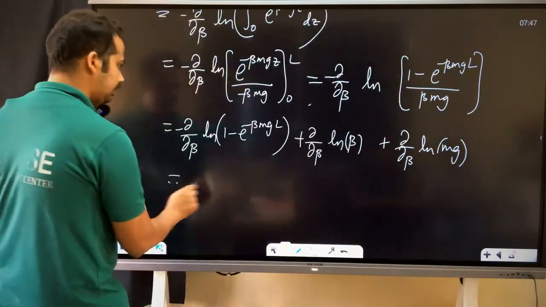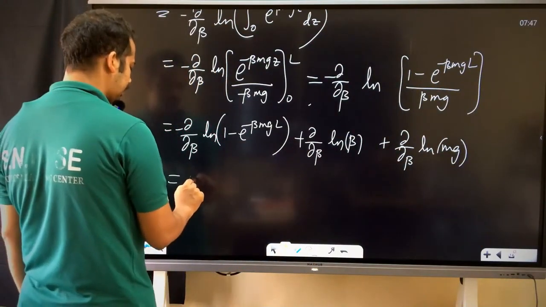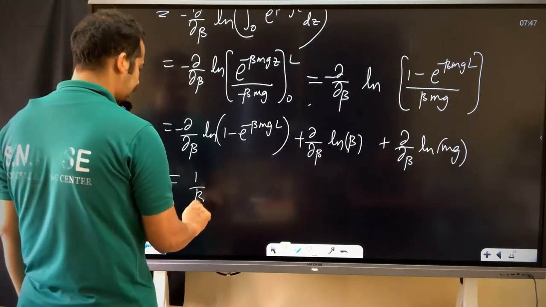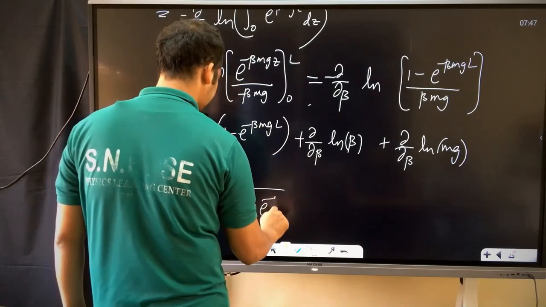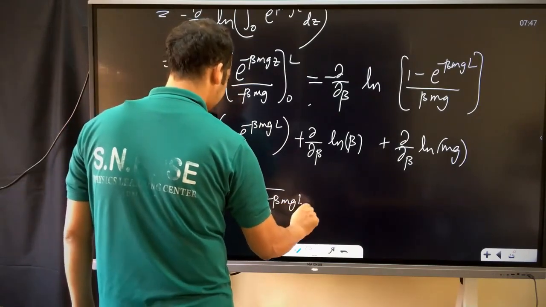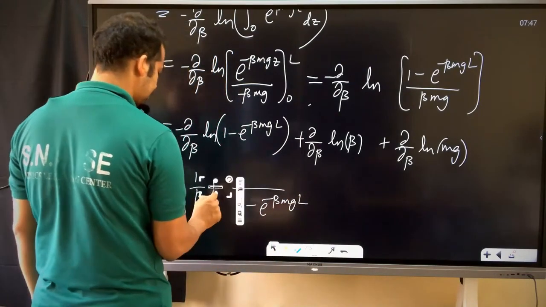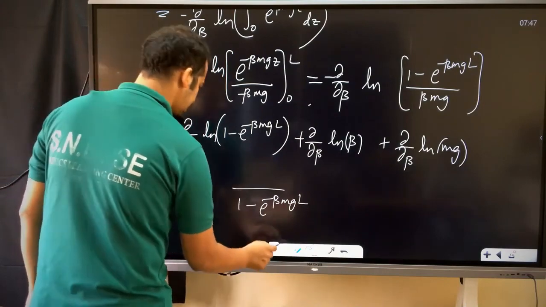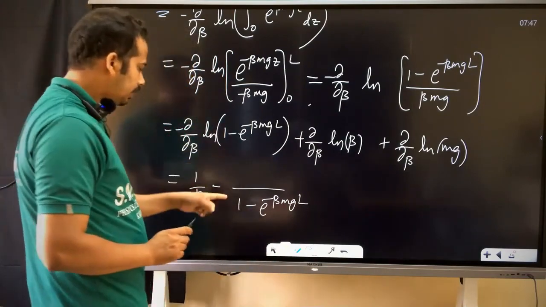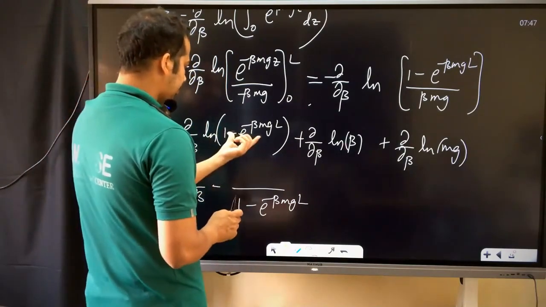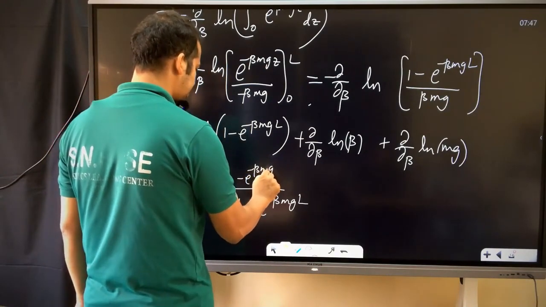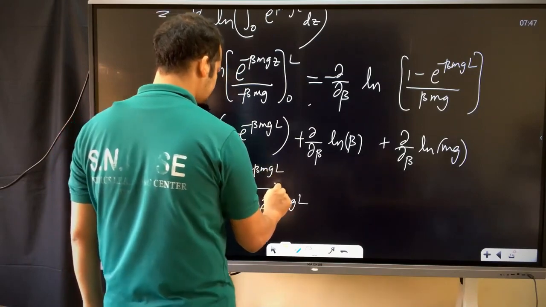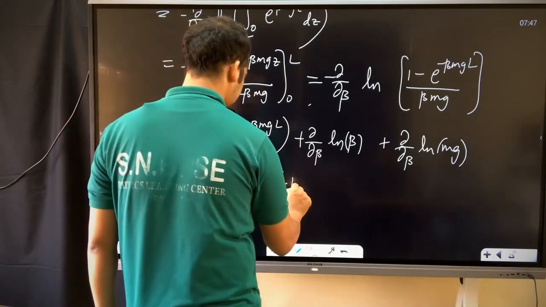So this is 1 by beta. I'll write it first: 1 by beta plus this one is 1 minus e power minus beta mgL with negative sign, into derivative of this one, minus e power minus beta mgL into minus mgL.